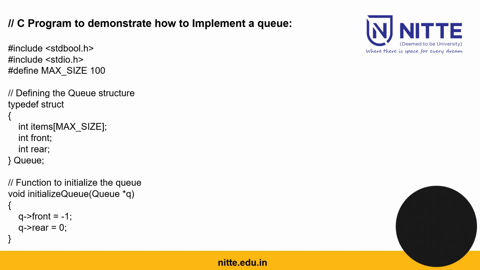So star q means it will point to the particular location of the queue. Next, q implies front initially is equal to what? -1. So initially the q front is equal to -1 and q rear will be equal to what? 0. So these are the two initial values of front and rear of the queue.